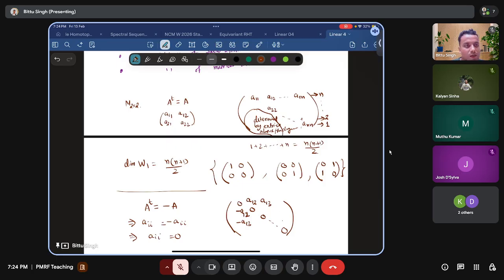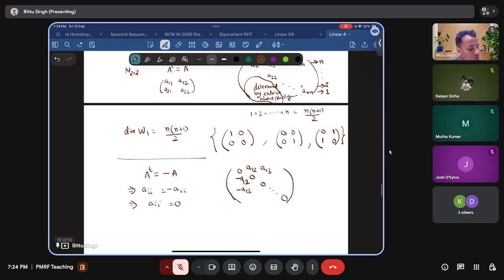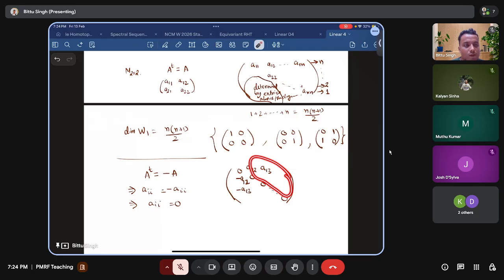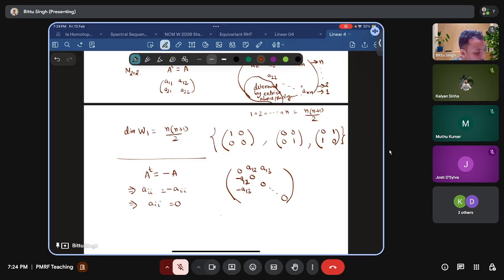So whatever matrix is there, you can always write it as a combination of these elements. For example, this can be written as 0 plus A12 times everything is 0, and there is 1 and minus 1 here, plus A13 times everything is 0, 0, 1, 0, 0, minus 1, like this.